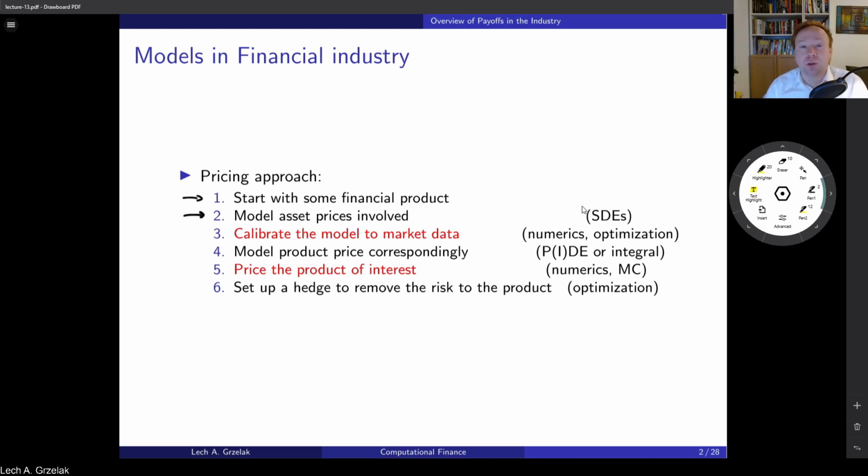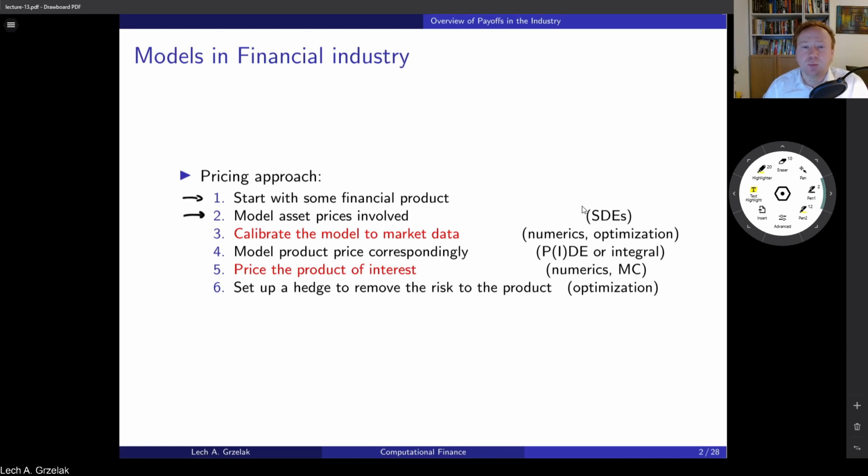And depending, of course, on the type of product you are willing to price, you should choose those stochastic differential equations accordingly. So if you have a simple product, then you should not over-engineer and come up with a multi-dimensional system of stochastic differential equations. Then it's typically enough if you have a one or two dimensional system of equations that is sufficient to describe or price the derivative accurately.